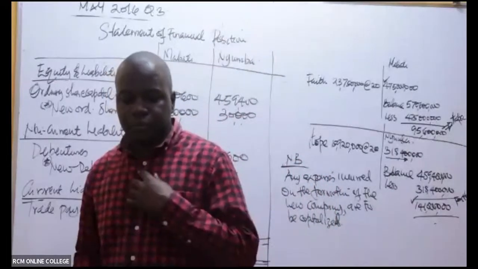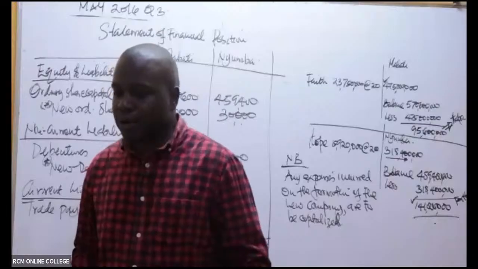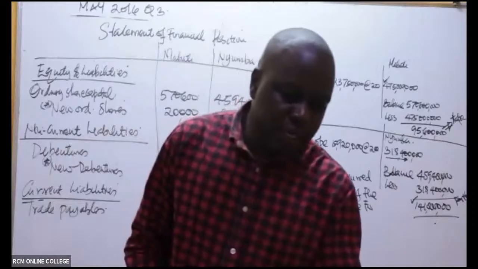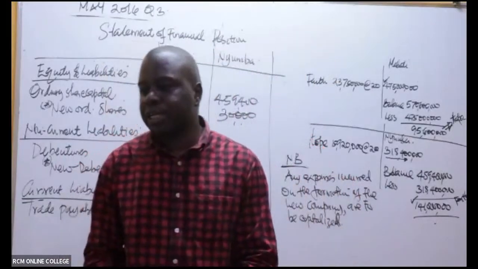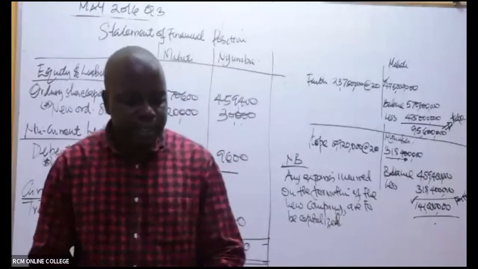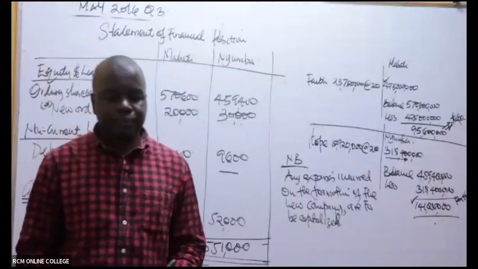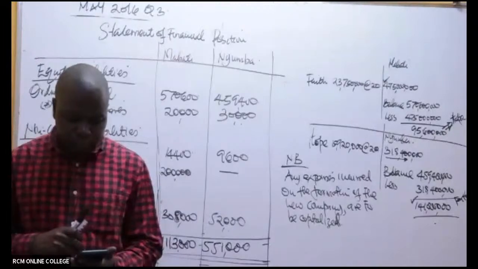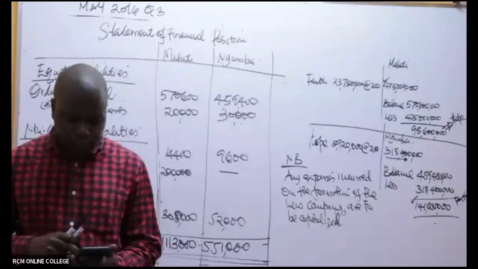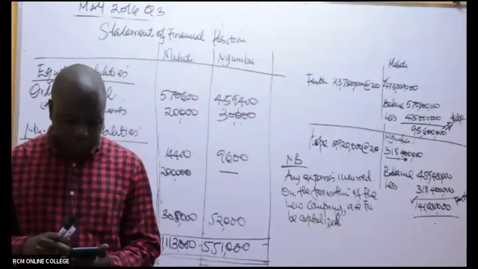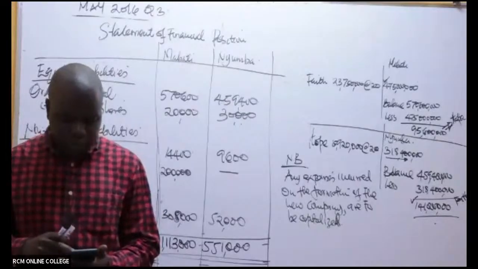So you can tell me within 2 minutes whether you've gotten the question. Just indicate there or type in the chat yes. So we have November 2019, question number 1B. Of course, I've also shared the question on the WhatsApp group, so you can open it there.